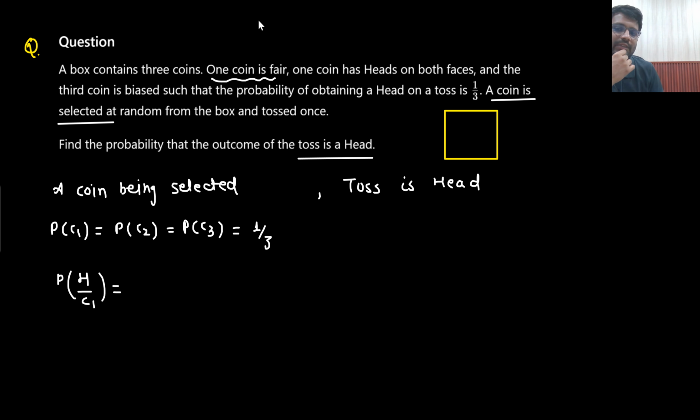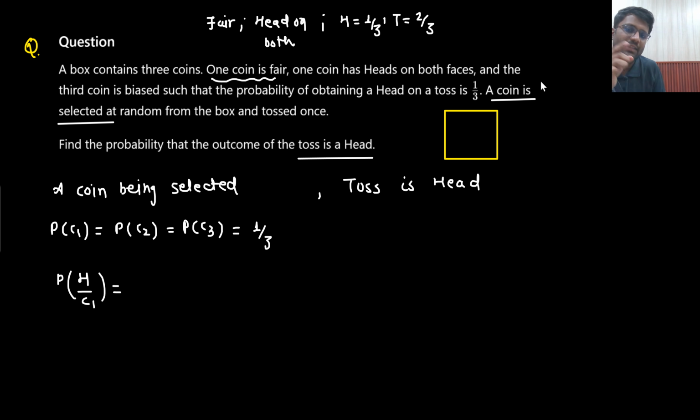There are 3 kinds of coins: a fair coin, a coin with head on both sides, and a coin having tail and head, but the probability of head being 1/3. So here the probability of tail will be 2/3. So these 3 coins are there: first coin, second coin, and this is the third coin. So the probability of getting a head such that coin C1 is selected will be 1/2, right? Because it is a fair coin.